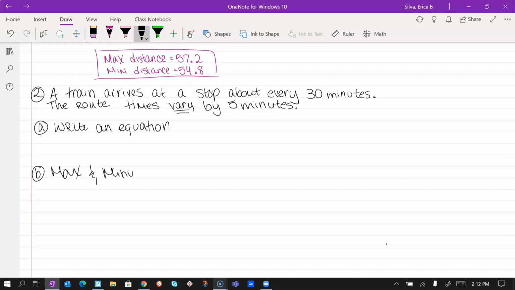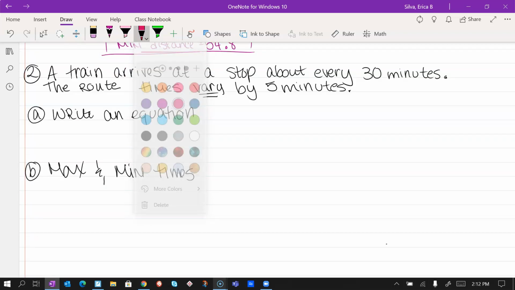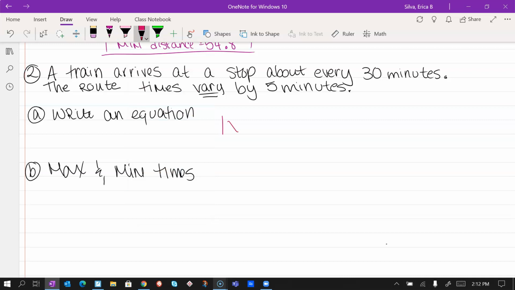So we start by writing our equation: the absolute value of x minus the target equals our varied amount. All right, so let's look at which one is my target. 30 minutes, perfect. 30 minutes is my ideal time, right?